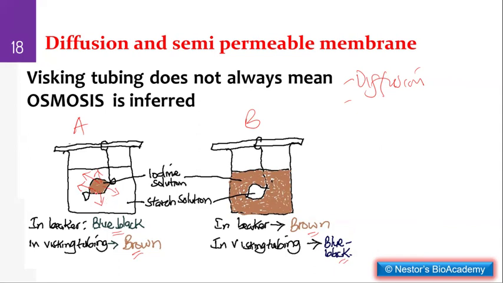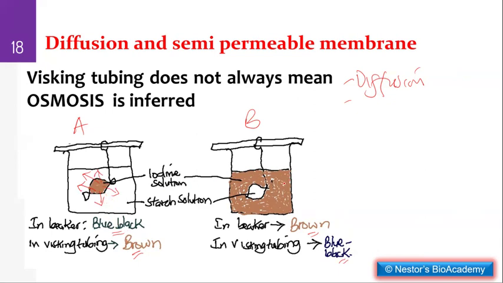So the explanation is that the iodine molecules, being small, diffuse from the Visking tubing where they are at a high concentration into the beaker where they are at a low concentration, hence the color turns blue-black inside the beaker. But inside the Visking tubing, the color remains brown because the starch molecules are too large to diffuse across the semi-permeable Visking tubing.